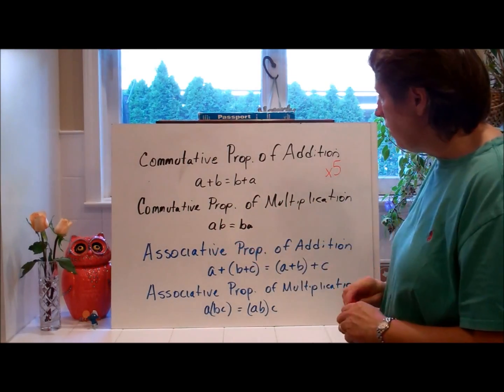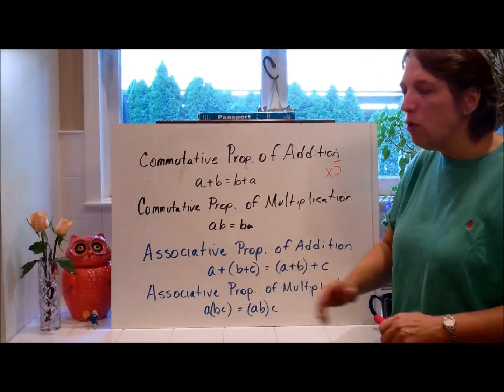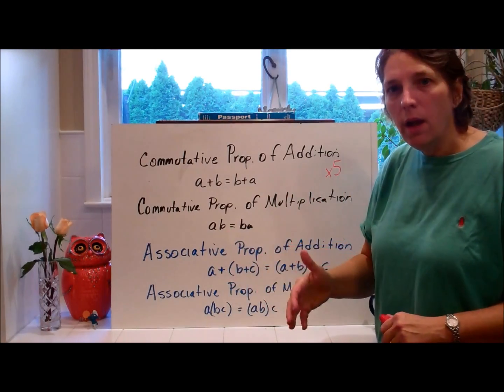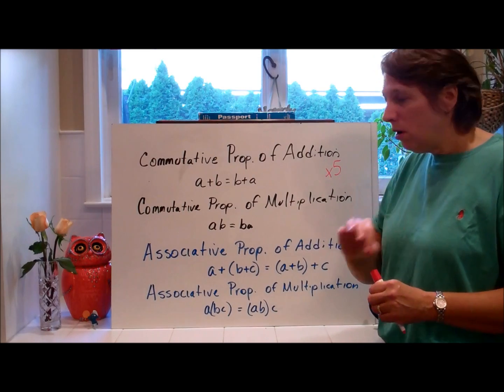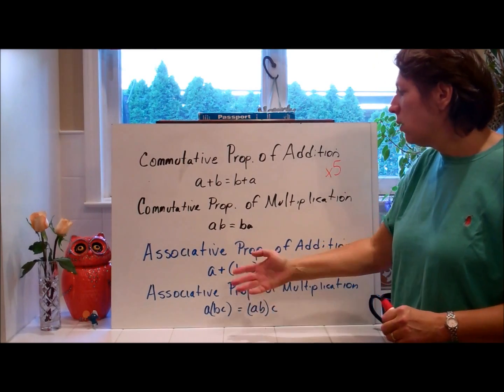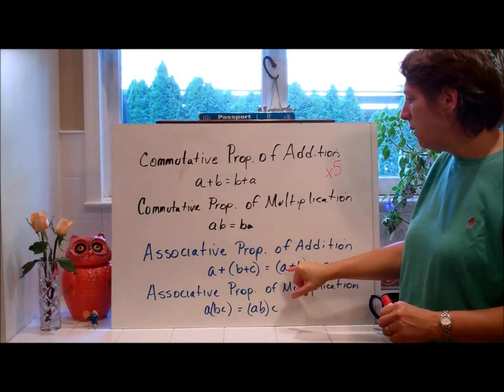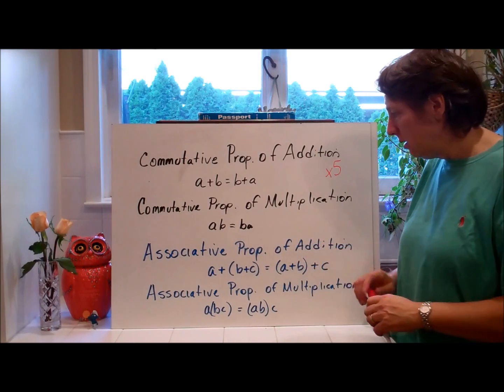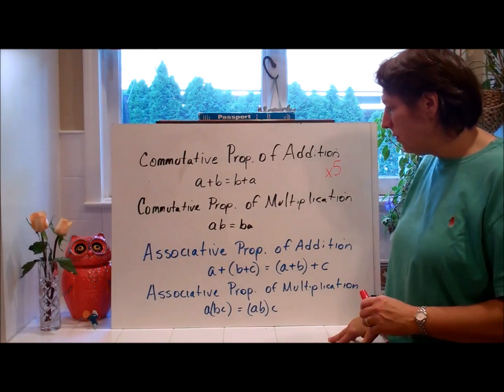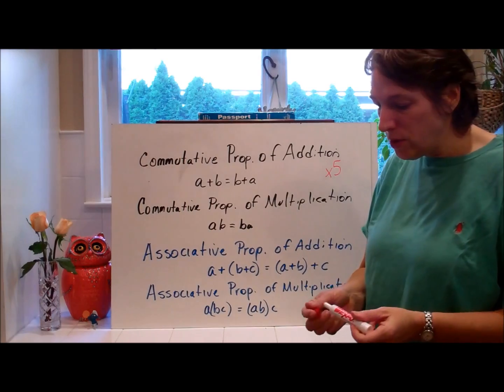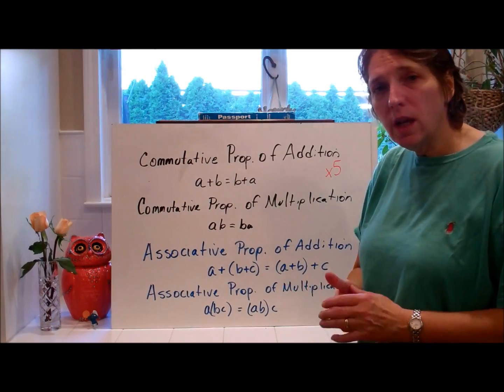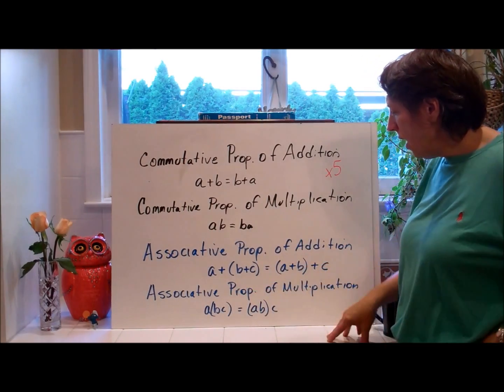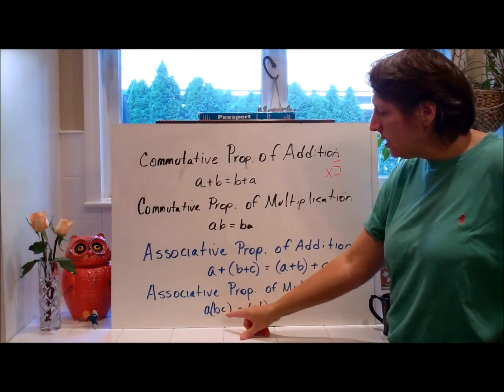The associative property of addition is when we're grouping numbers that we're adding, and it's 3 or more, and a plus the quantity b plus c is the same thing as a plus b plus c. So it's just grouping them differently. That's where I kind of confused you last time, and I apologize for that. The associative property of multiplication is the same thing.